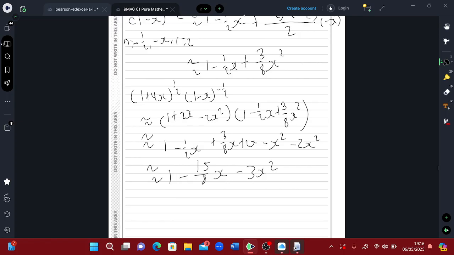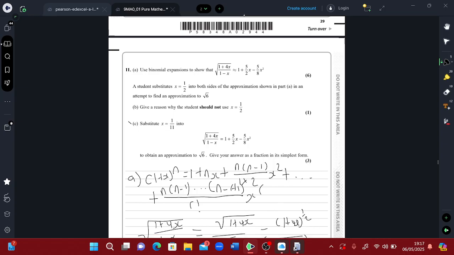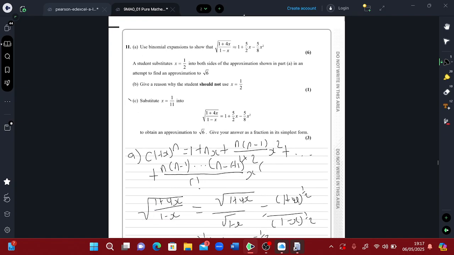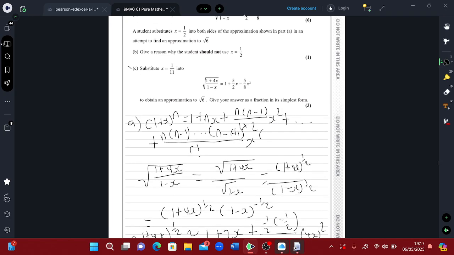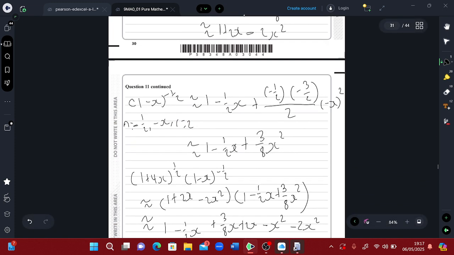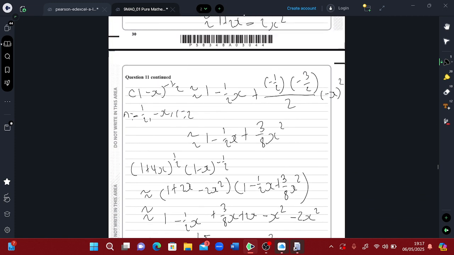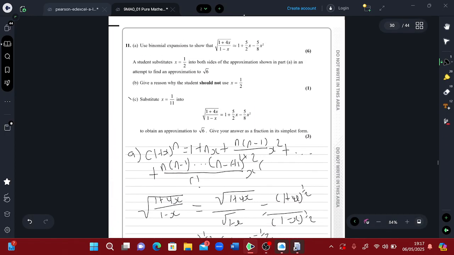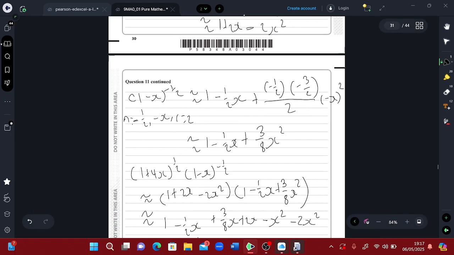To double check we're right, let's go to the answer. What have we done wrong here? Interesting. Where have we gone wrong? 5 over 2x minus 5 over 8 x squared.